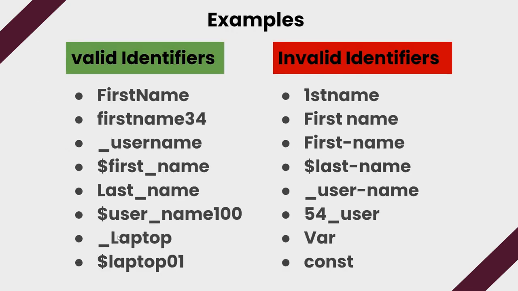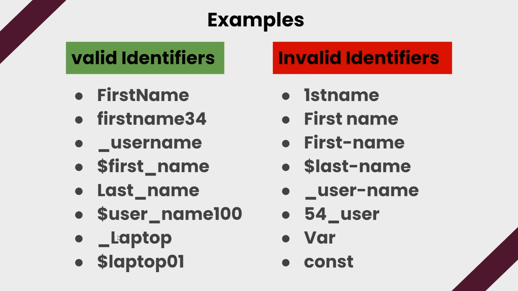So here we have an example of identifiers, and you can see that for this example we have two sections. For the first section we have valid identifiers. Now these valid identifiers are identifiers that actually followed the rules for declaring these identifiers.